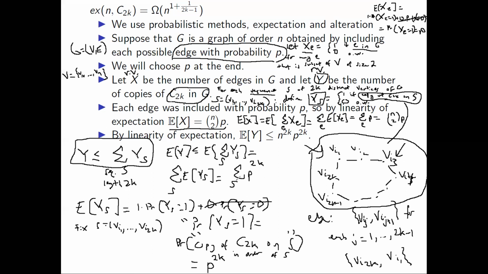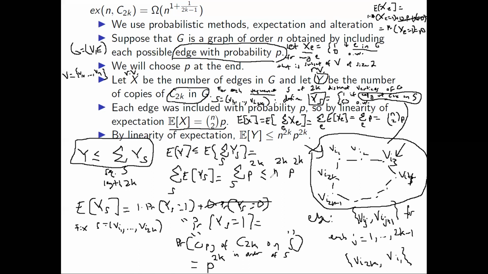And the number of sequences S of length 2k, this is going to be less than, or equal to. It's less than, but less than or equal to is also true. That's going to be less than n to the 2k times p to the 2k.